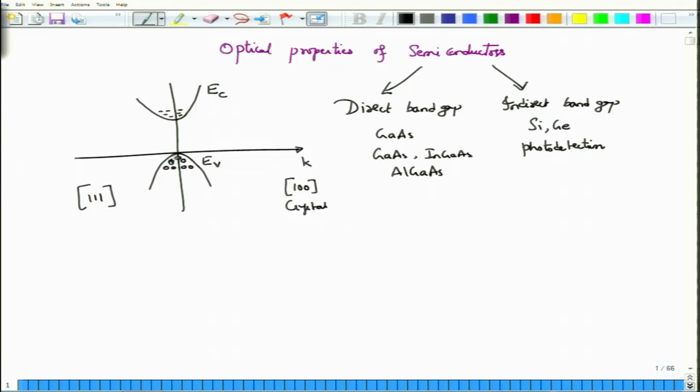So what you see is that all the holes collect more or less at the top of the valence band, and all the electrons collect at a kind of well that is formed in the conduction band. And it is now possible for an electron to transition or recombine from the conduction band to the valence band. In that process, it can easily emit light of the frequency h nu, which is determined by the energy level transition.